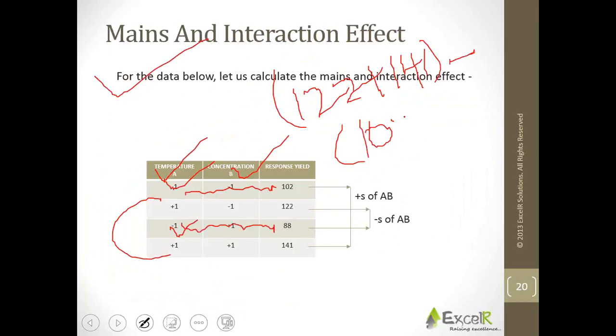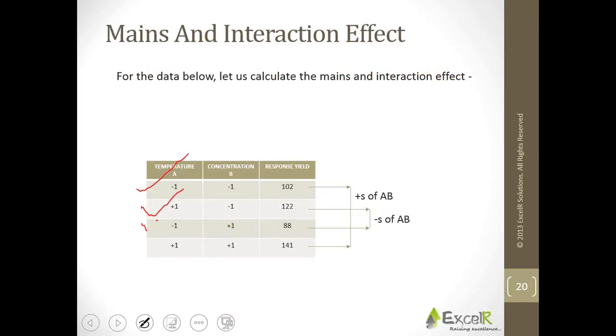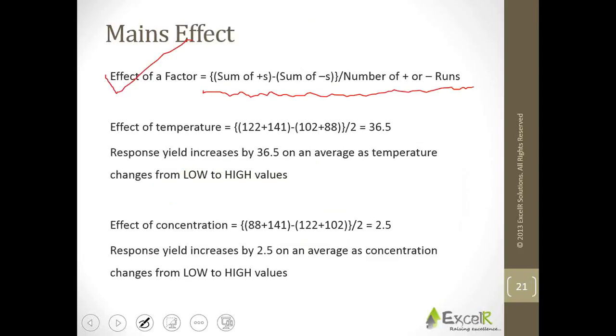So 102 plus 88, divided by 4, because there are 4 runs at each level: 1, 2, 3, 4. If you do that, you will get the main effect of A. In that way, you can also calculate the main effect of B.